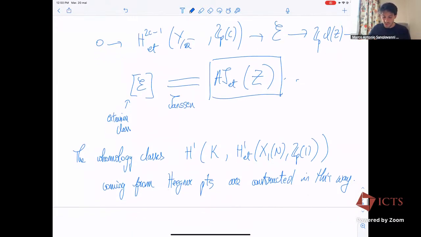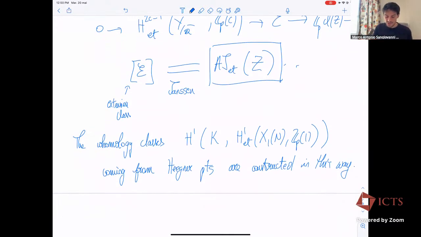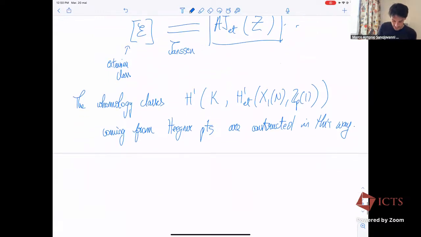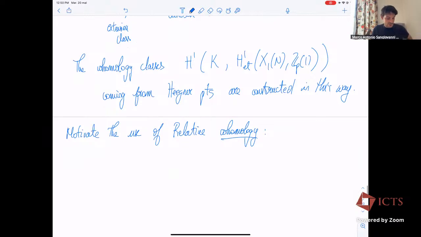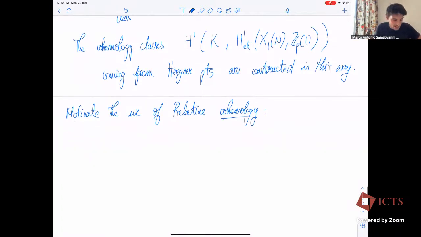Okay, but so then this allows one to motivate the use of relative cohomology in the following way. So you always have in the derived category, so the setup is always the same.